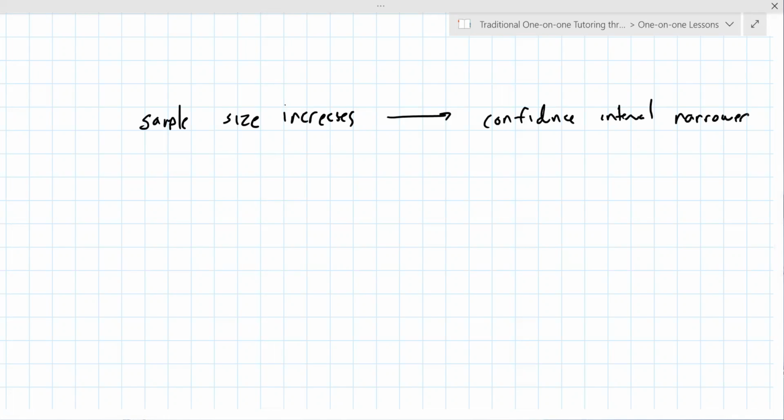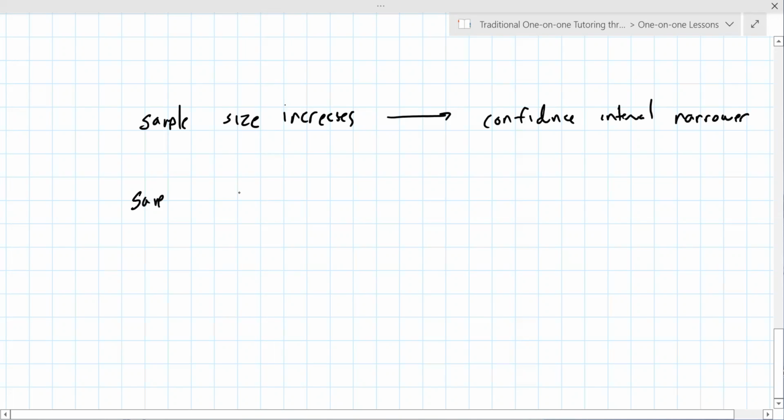So you have a better idea of what people are telling you is actually true. And that's why it narrows down, because the narrowness of it helps you to say it's just this group that's in between these two numbers rather than more numbers because we haven't sampled enough people. And so similarly, as the sample size decreases, and that's what you said here in 474, the confidence interval widens.